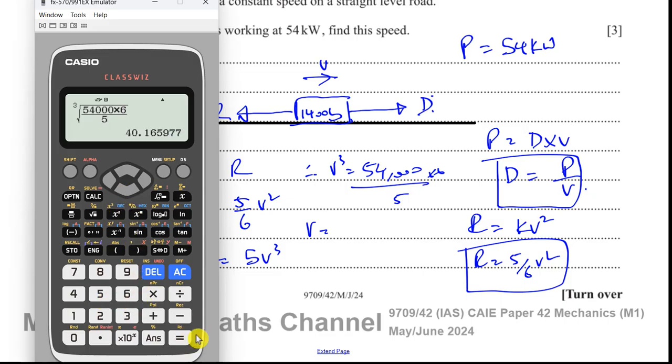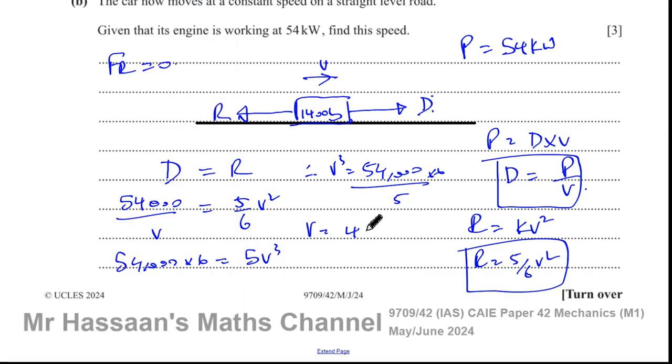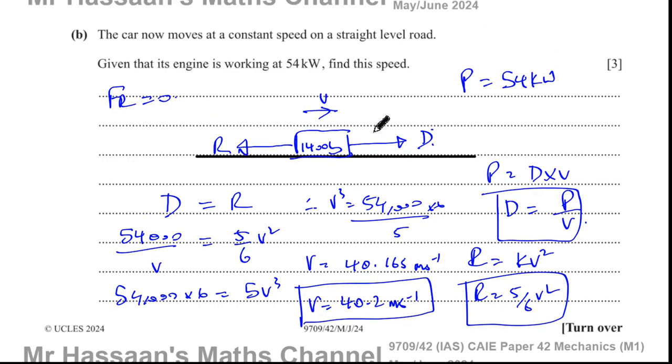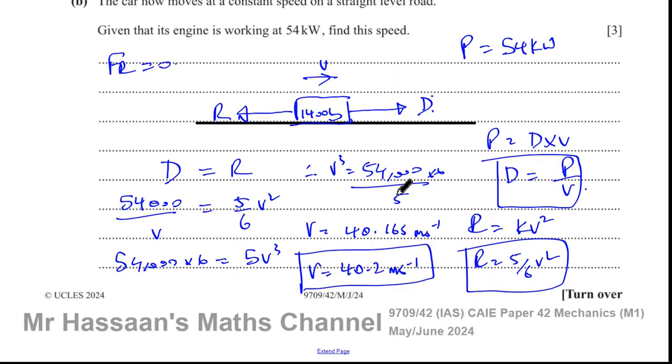The cube root of that gives us 40.165 meters per second. So V is equal to 40.2 meters per second in 3 significant figures, as we should round non-exact answers. So there's part B done.